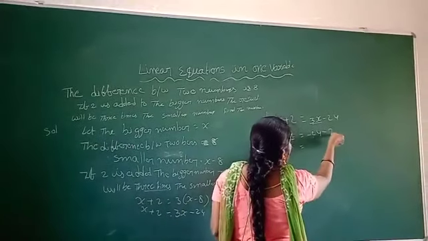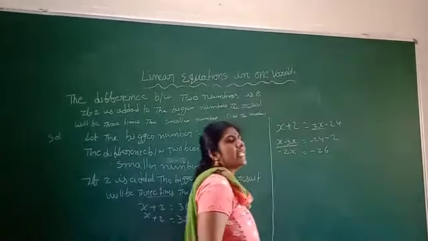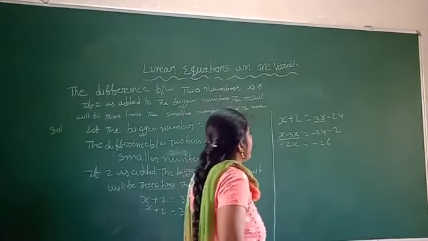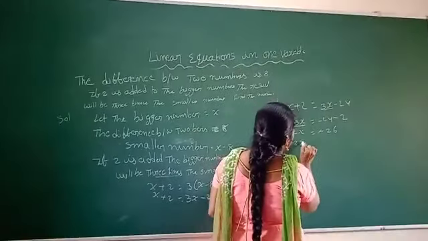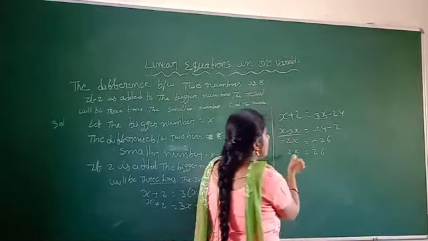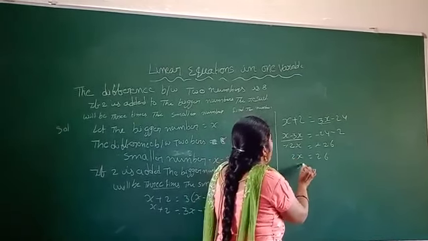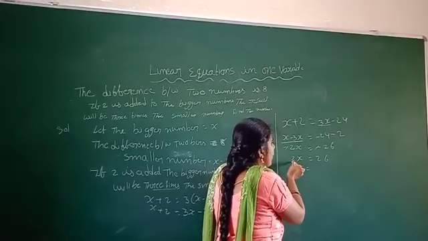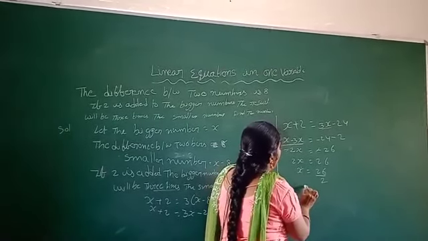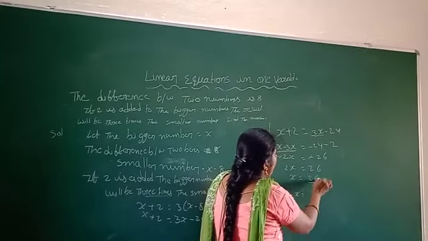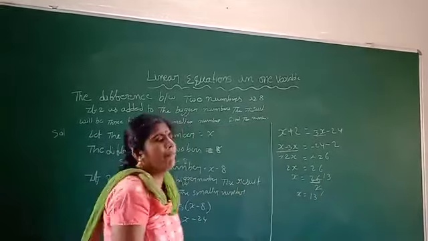Minus 24 minus 2 is minus 26, since same signs are added. The signs cancel: 2x equals 26. So x equals 26 divided by 2, which is 13.